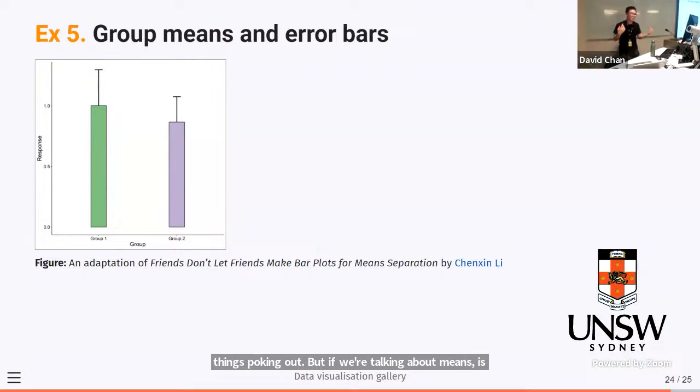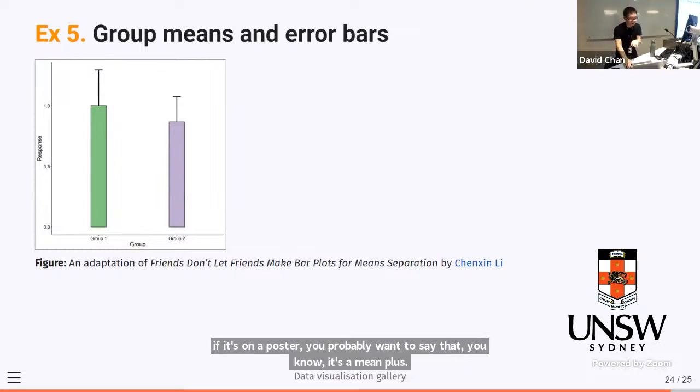It's a numeric value, so a bar chart's not very appropriate to start off with. And yes, the little things poking out, the error bars, we note that this plot doesn't define what kind of error bars they are. That's something you do need to include somewhere in the plot, especially if it's on a poster. You probably want to say that it's a mean plus or minus whatever the measurement is.